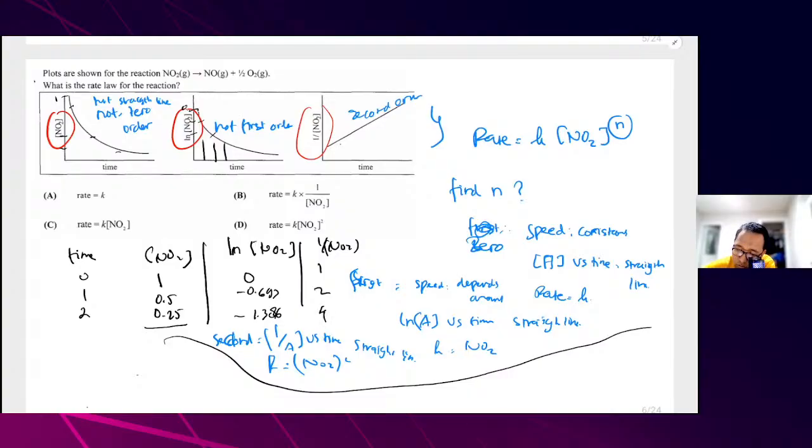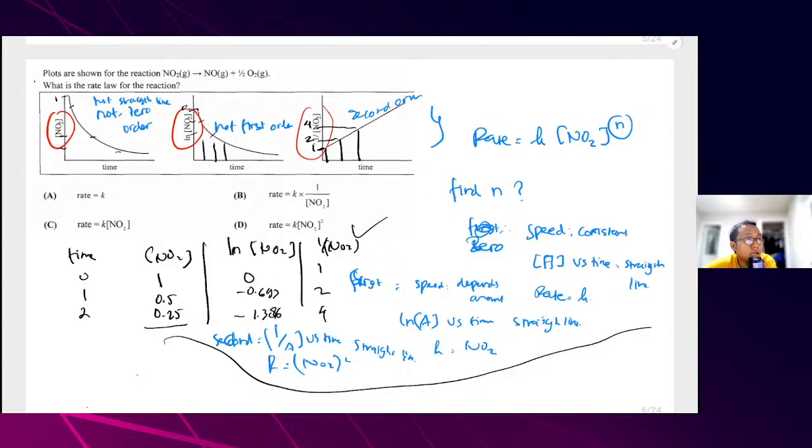Looking at this one, it starts at 1, and then if we have 2, it will be 2 over here, and then over here it will be 4. So by showing these numbers, we know which one is correct.